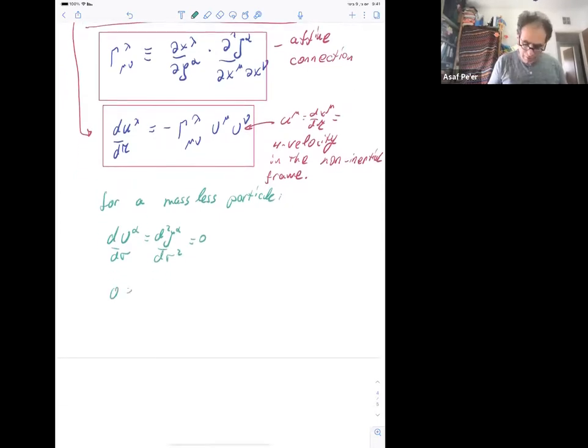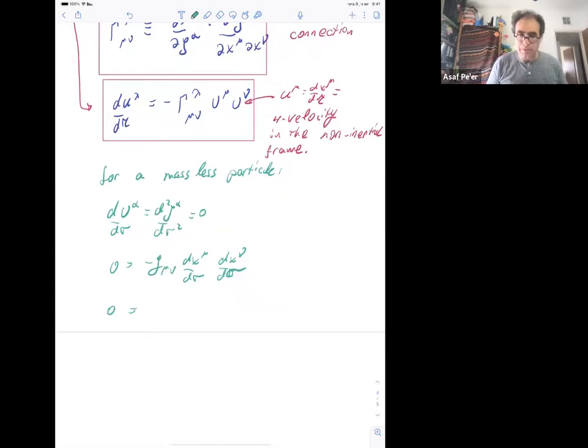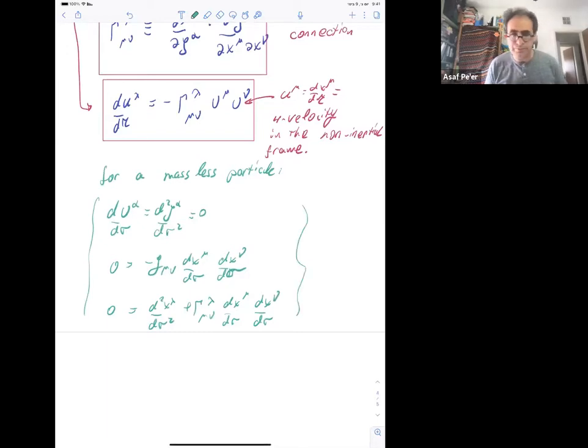And then the acceleration is seen, and there will be an acceleration seen for photons as well in some sense. So it is d squared x lambda over d sigma squared plus gamma lambda mu nu dx mu over d sigma dx nu over d sigma equals 0. So it's just the same, just repeating for massless.